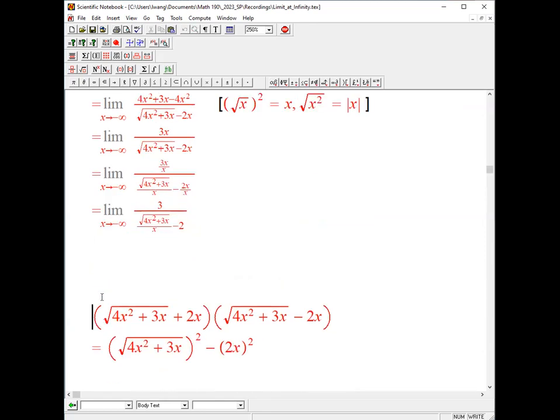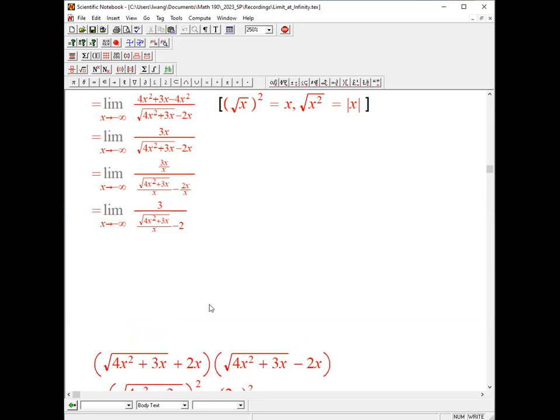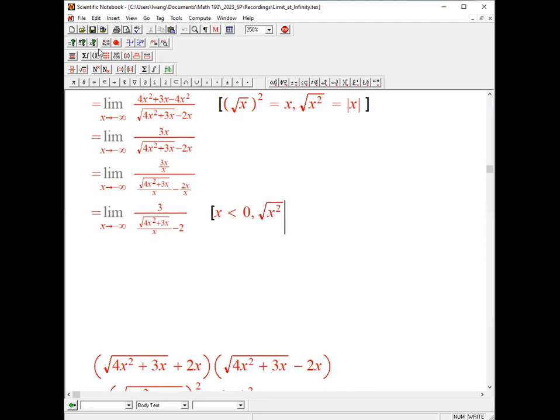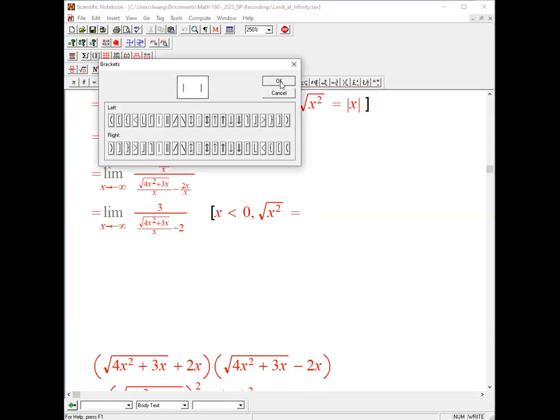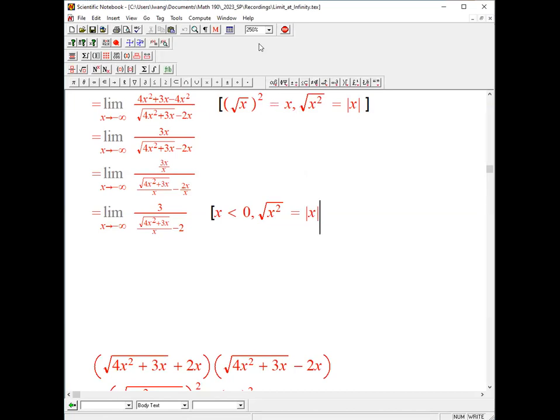So when x is negative, the root of x squared, which is equal to the absolute value of x, is the opposite of x, because x is negative. Now what does that tell us?